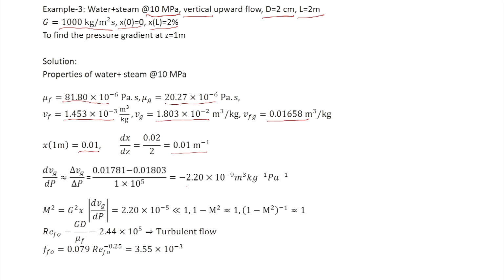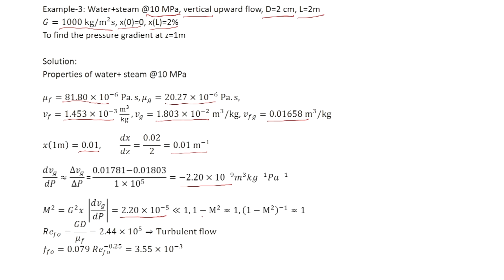So, we get dVg by dP equal to minus 2.20 into 10 raised to minus 9 SI units, and G square x dVg by dP, which is m square, is obtained as 2.20 into 10 raised to minus 5, and this is very much less than 1.